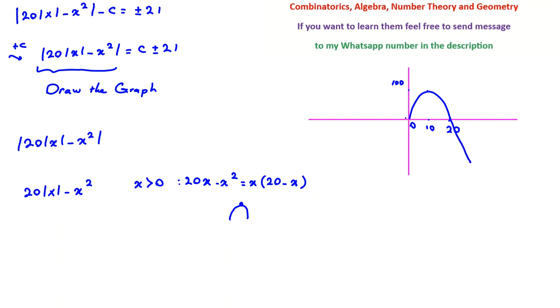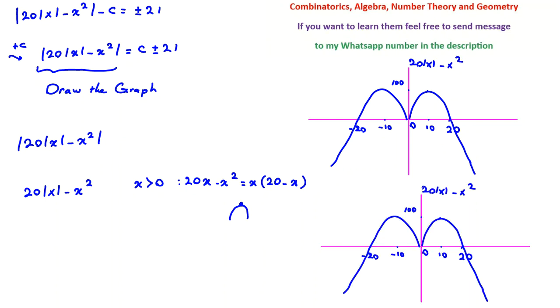For x positive, for x negative, we have the same thing. Negative 10, negative 20, like this. It is the graph of 20 times x minus x squared.